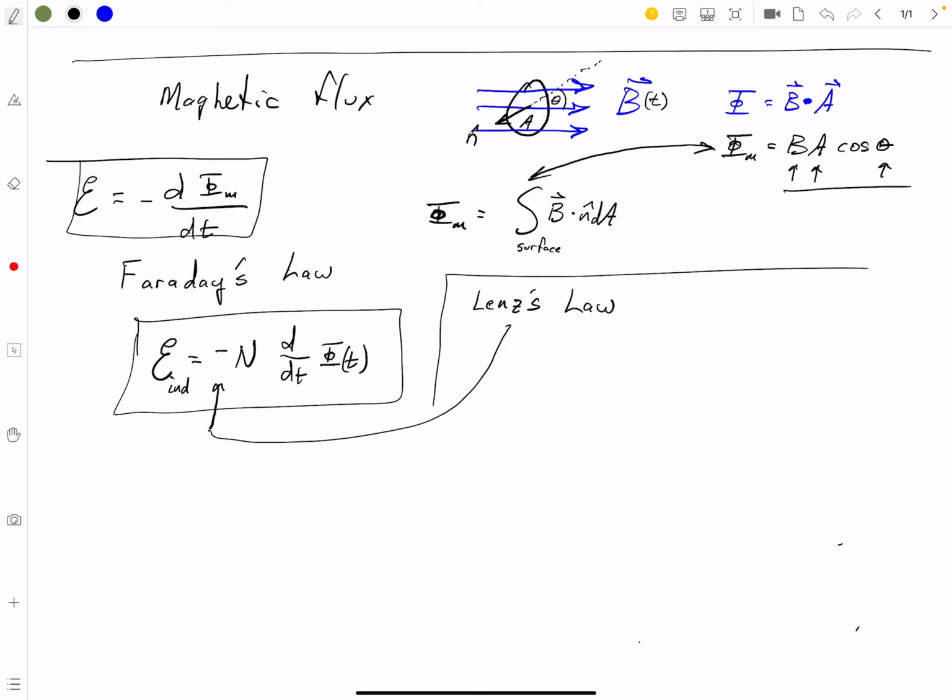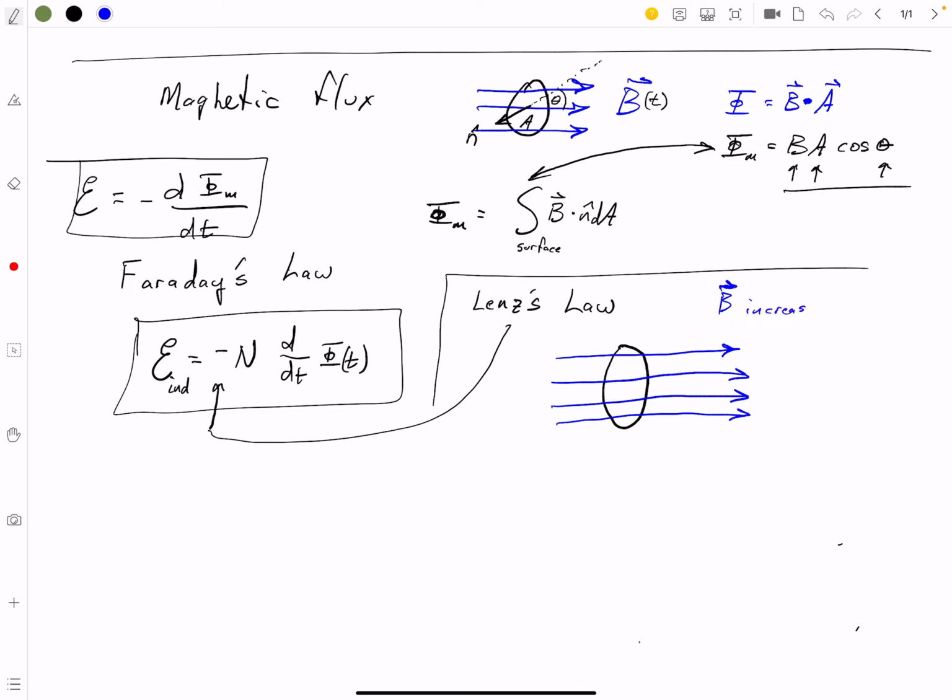So let's draw ourselves an area. Let's say we've got a B field, and let's say that it's increasing.